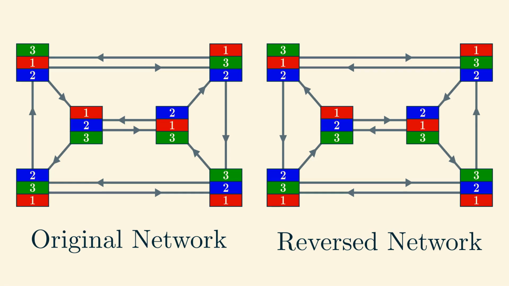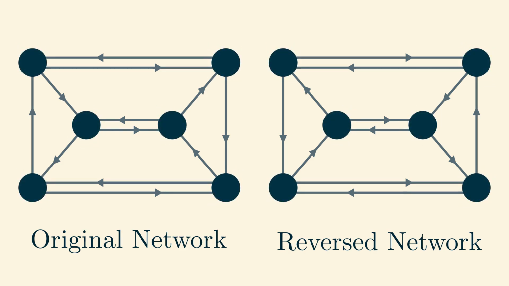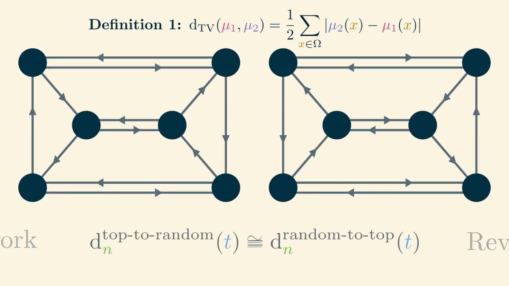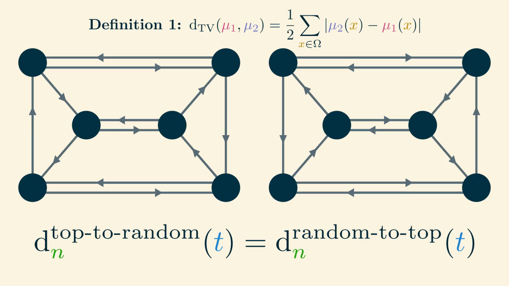Of course, the positions of the arrangements relative to one another in the network are slightly different, but if we forget about what the nodes of this network represent, then we can see that the two networks are isomorphic. And since we always just sum over all the outcomes when calculating the total variation distance, this means that the distance after t top to random shuffles is the same as the distance after t random to top shuffles.